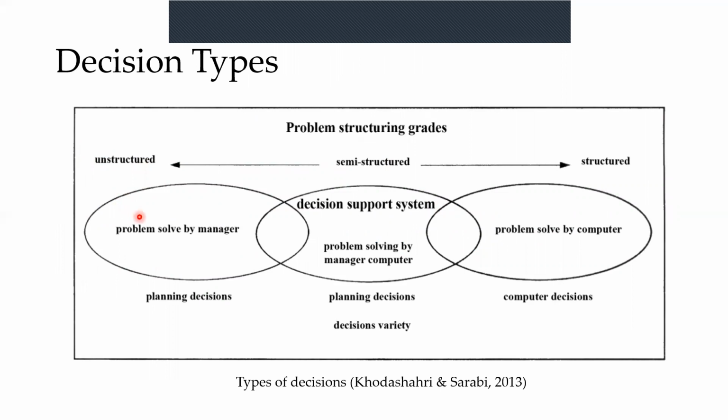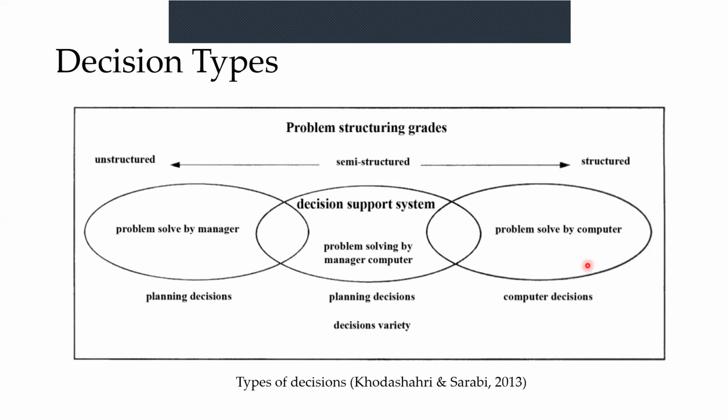For example, marking essay exams, if you're a teacher, would really depend on your preference and subjectivity, or evaluating art. Those are examples of unstructured decisions.